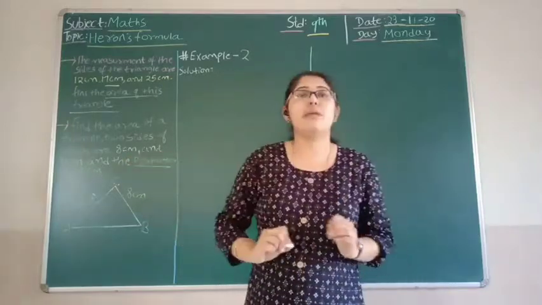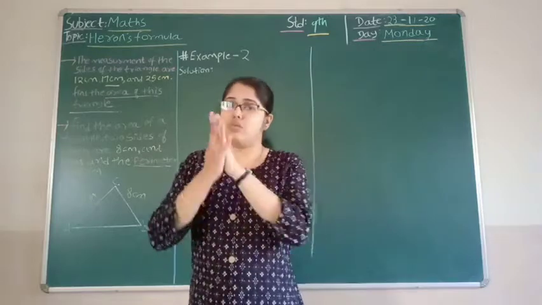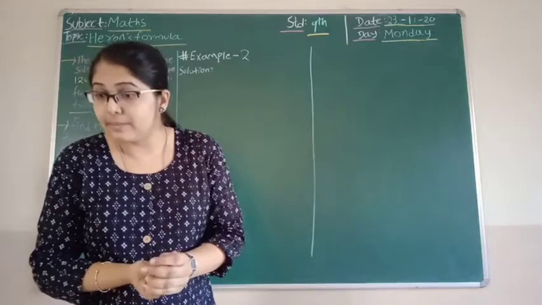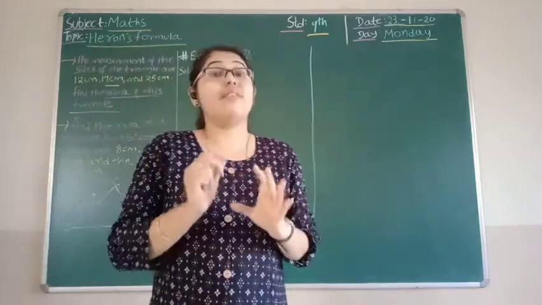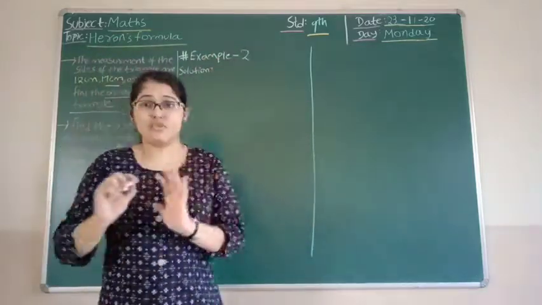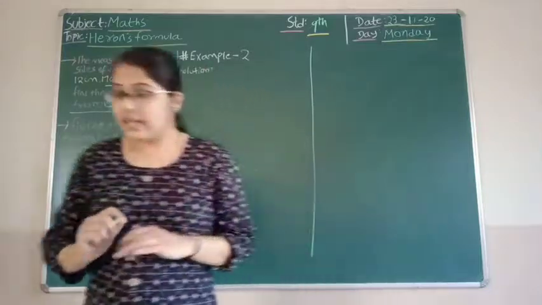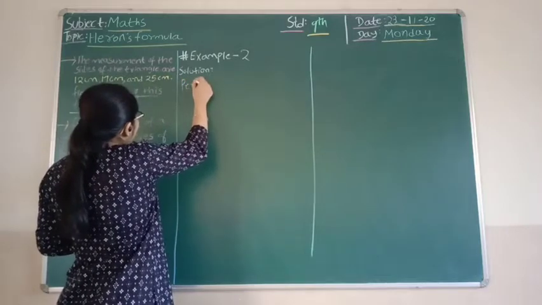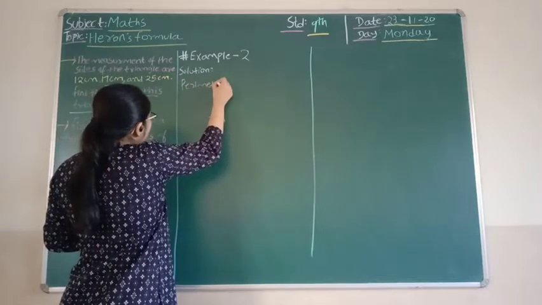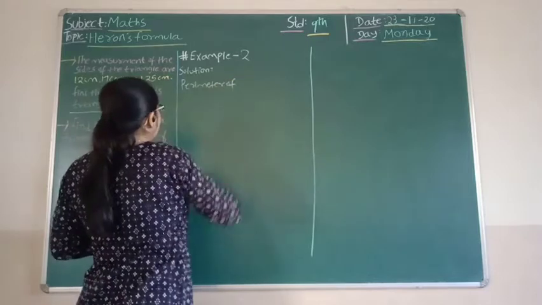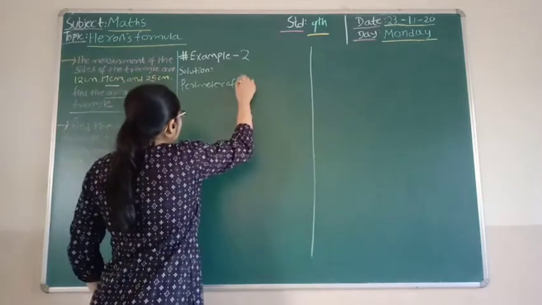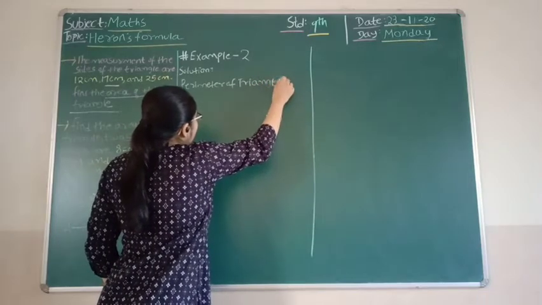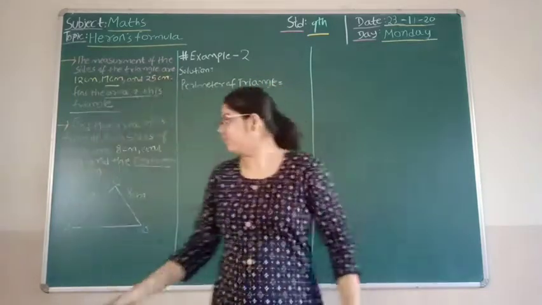So students, we'll start this sum. So the very first thing we'll write over here is one of the things which we have been given in this sum. So we can say the perimeter of the triangle is nothing but equal to 32 centimeter.